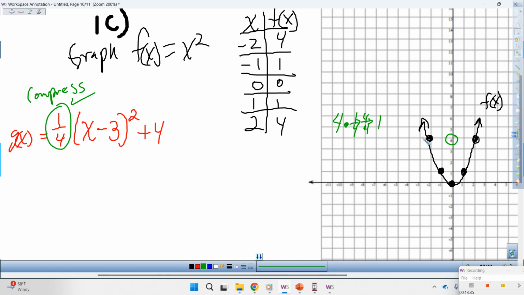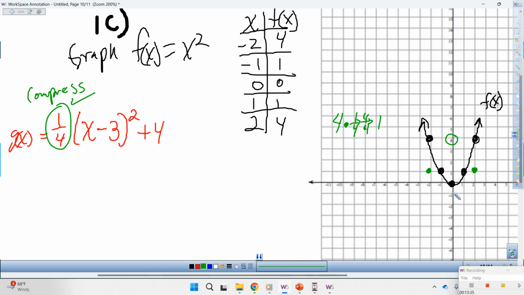So these 2 points, I'm going to move them down to 1. Right there. That's what you should have done last night. Once again, I'm multiplying the a parameter times the y value of the points. And that brings me to 4 times 1/4 is 4/4, which is 1.